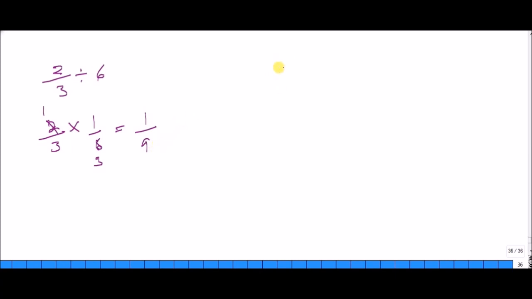They gave another example. They said 5/12 divided by 5/9. We would say the dividend, which would be 5/12, multiplied by the reciprocal, 9/5, of the divisor.